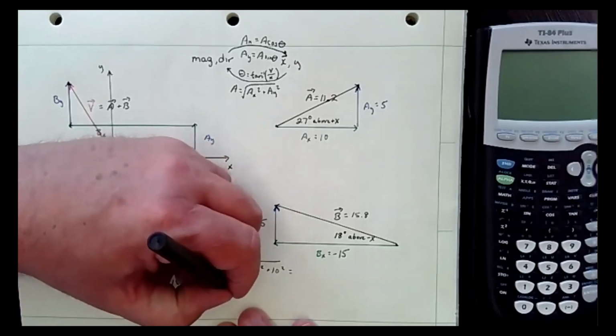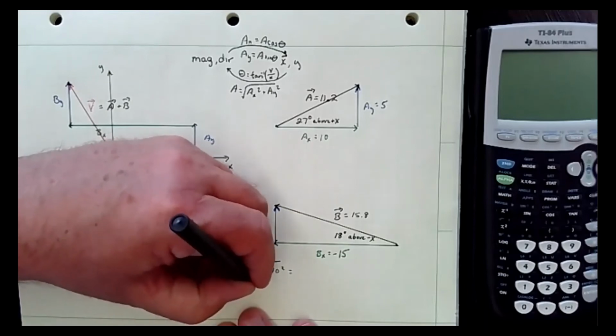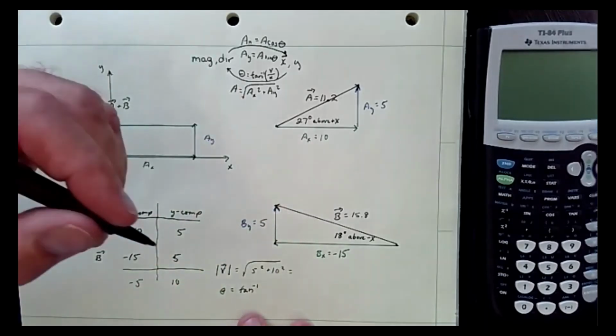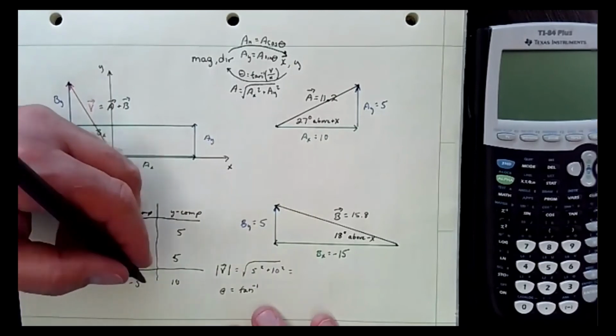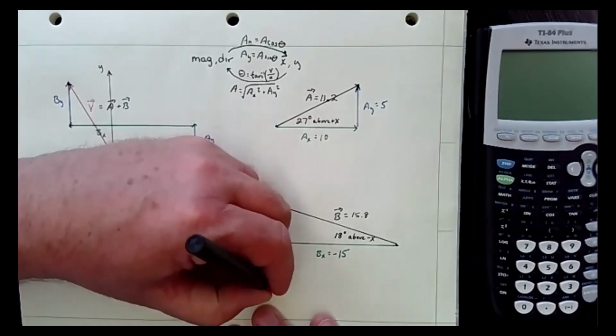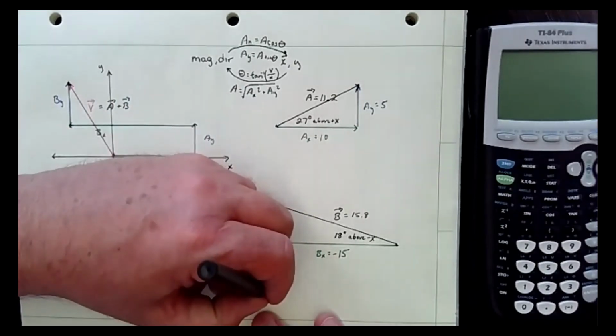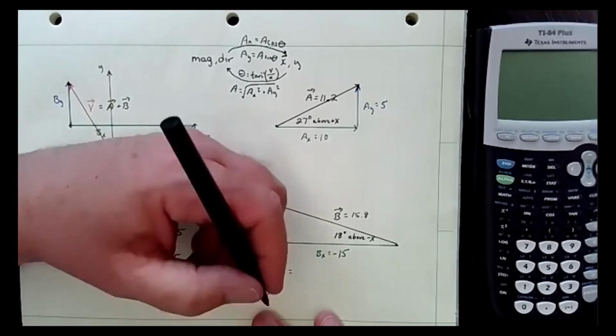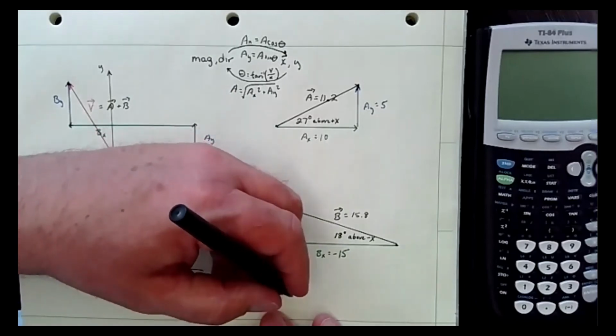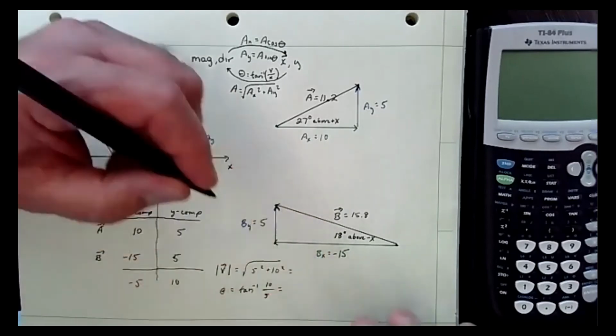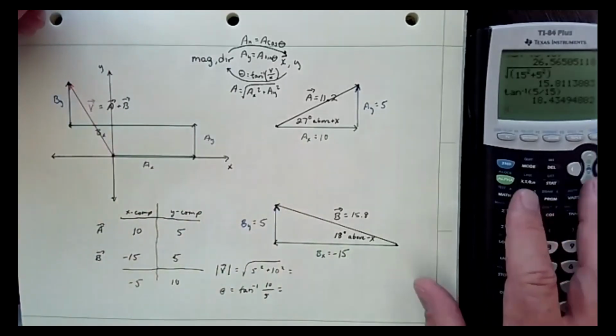All right, and the angle is going to be equal to inverse tangent of y over x, and the y value is 10. And I like to be positive, so let's just keep the positive and let's see how this comes out.